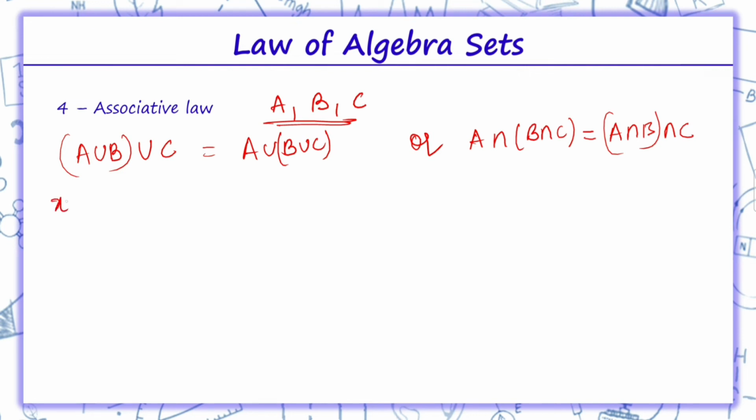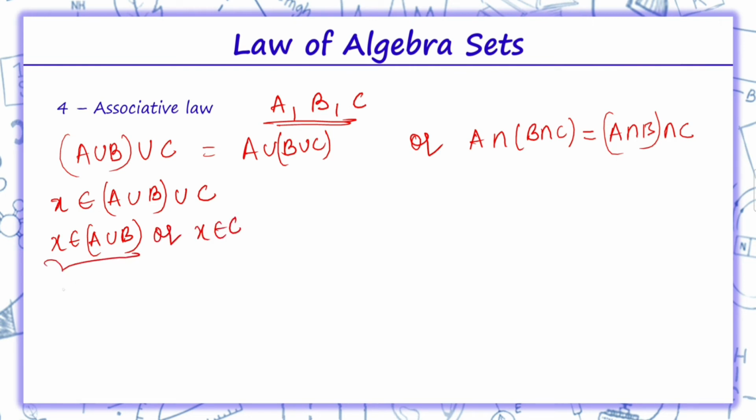We'll take any arbitrary element X, which belongs to (A union B) union C. So it can be written as X belongs to A union B or X belongs to C. Thus, we'll expand this: X belongs to A or X belongs to B or X belongs to C. Now, this part will be written in one bracket.